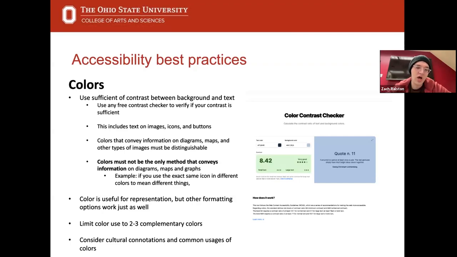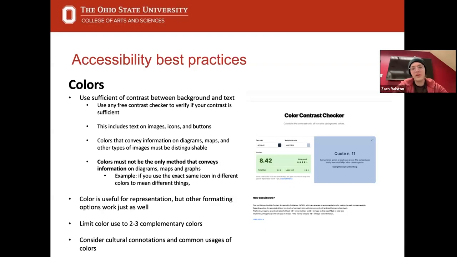So it's not just in terms of background and text, but that includes other visual cues, visual information, links, things like that, that could help stand out here and there. This also covers any colors that convey information on diagrams, maps, and other types of images that need to be distinguishable.